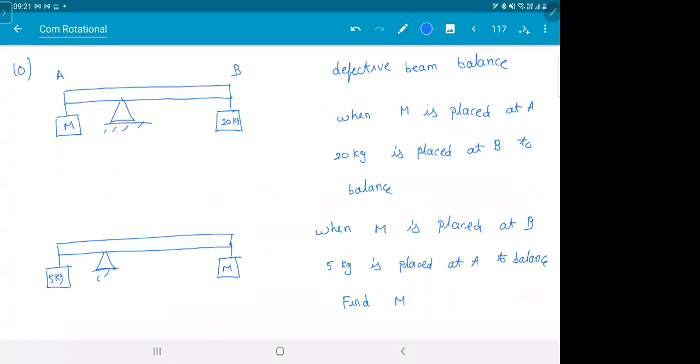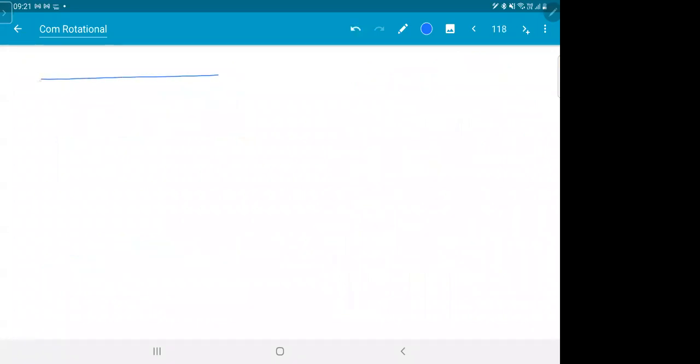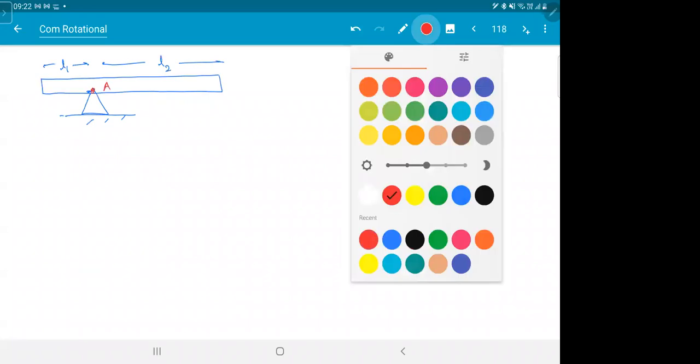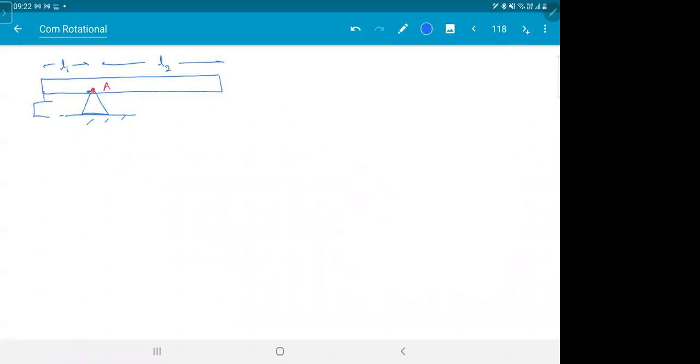Let me show you. Let this be L1, L2. Let this be A. So when you kept M here, and kept 20 here, the torque about A is 0.